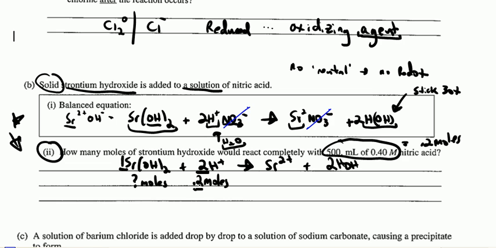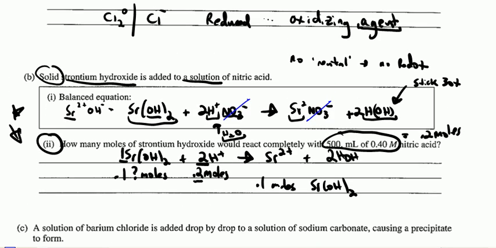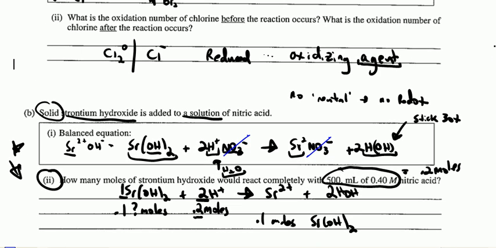Exactly. If 2 is to 1, then 0.2 would be to 0.1. So 0.1 moles of strontium hydroxide would be required to fully react with 0.2 moles of the acid. So that was 1.7.